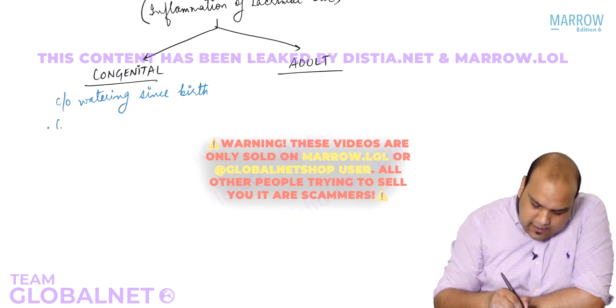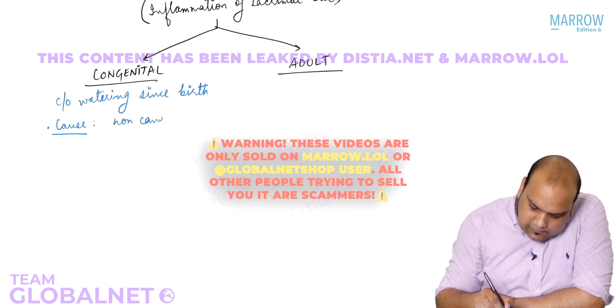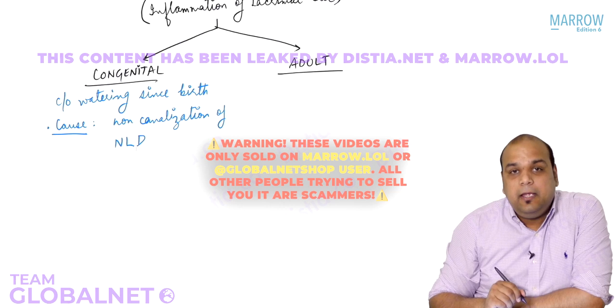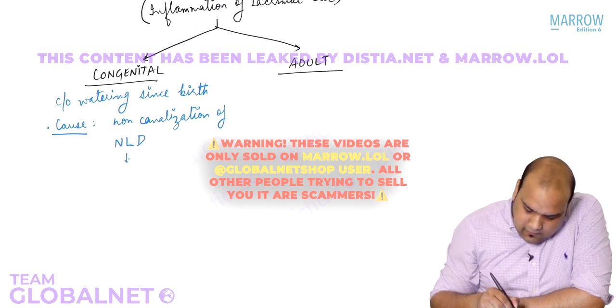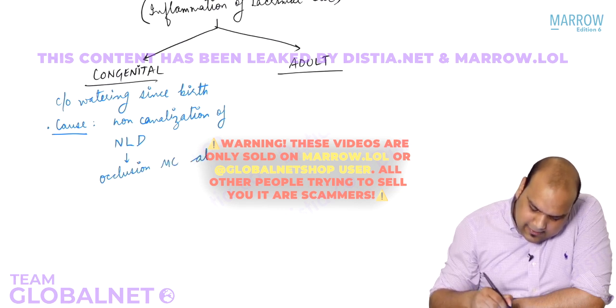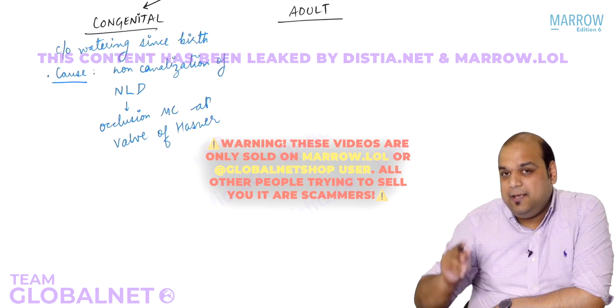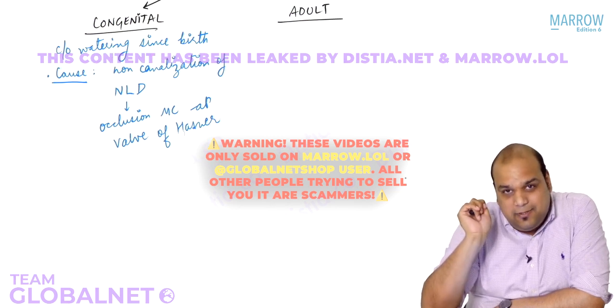The cause here is non-canalization of nasolacrimal duct, with the occlusion most commonly at the valve of Hasner. Am I clear? So the site of obstruction is actually the opening into the inferior meatus of the nose.